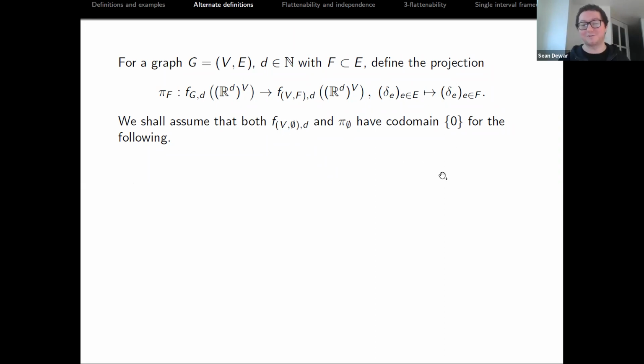That makes it linear. Sorry, I was thinking of this map, which is linear. So a projection is linear. This map is also going to just have codomain 0. You don't have to think about it too much. It's just a technicality for special cases where you're wondering what this really means.